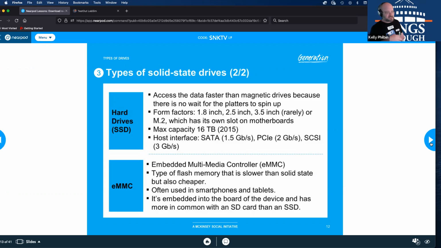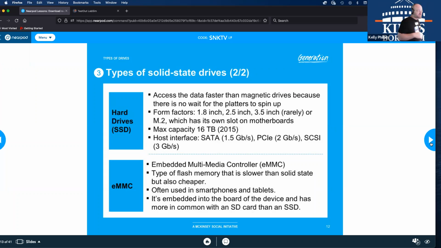M.2s are becoming significantly more popular because of the access speeds and the smaller amount of real estate that they take up. Costs are coming down, and they're becoming more reasonable. We'll show you what an M.2 looks like here in a little bit. It looks almost like a RAM module, except the connectors are on the smaller edge of the rectangle, rather than the long edge.